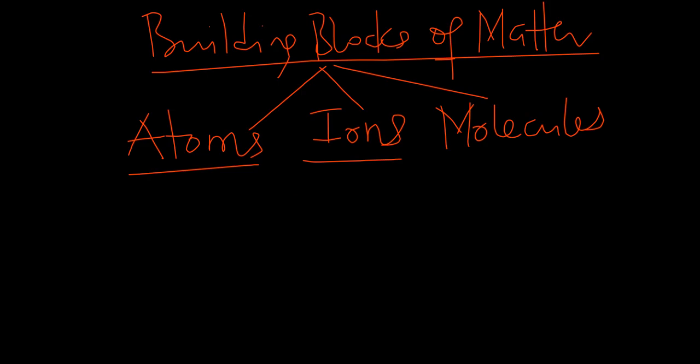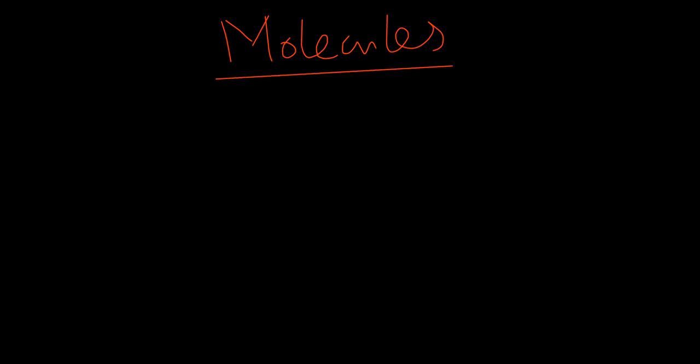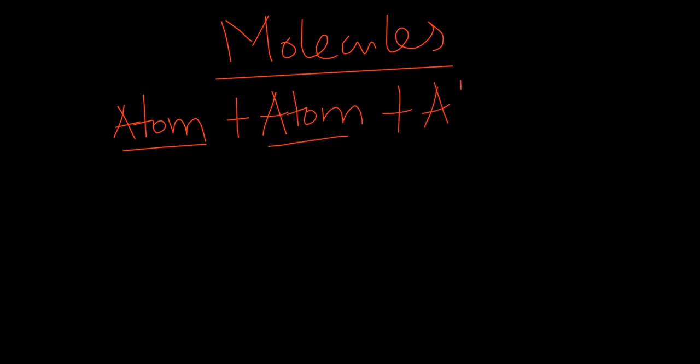molecules. The question is, what are they? Molecules are formed when you have several atoms joined together. So you have an atom joined to another atom, joined to another atom, will form a molecule. It's as simple as that.